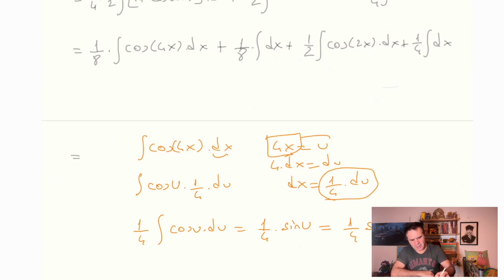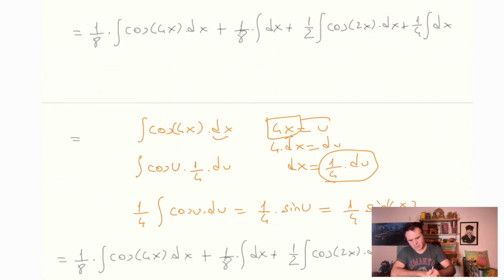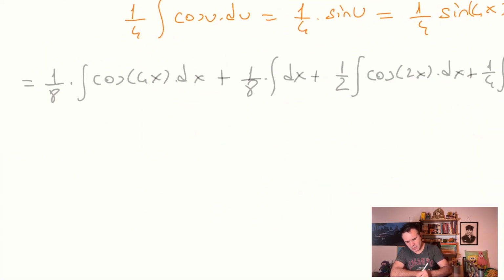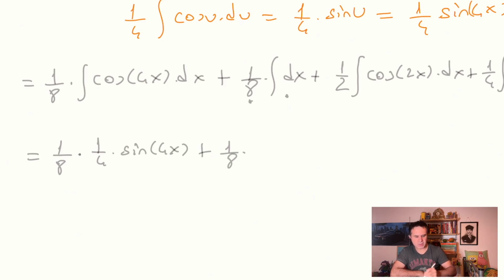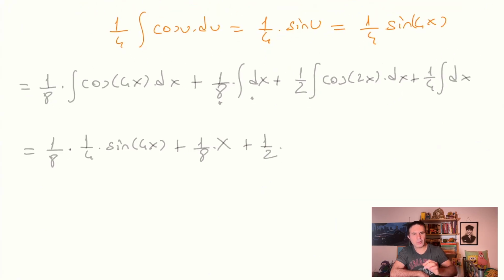So let's take this here and integrate: 1 over 8 times 1 over 4 times sine 4x, plus 1 over 8 times x, plus 1 over 2 times 1 over 2 times sine 2x, plus 1 over 4 times x.